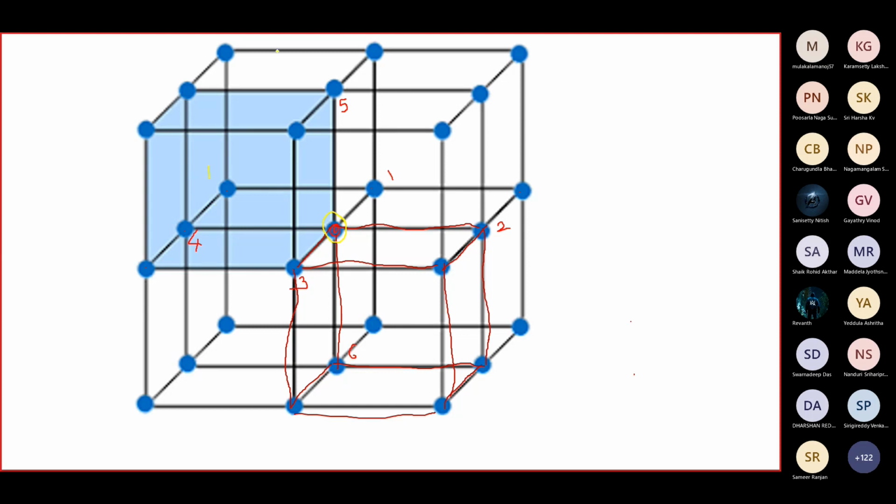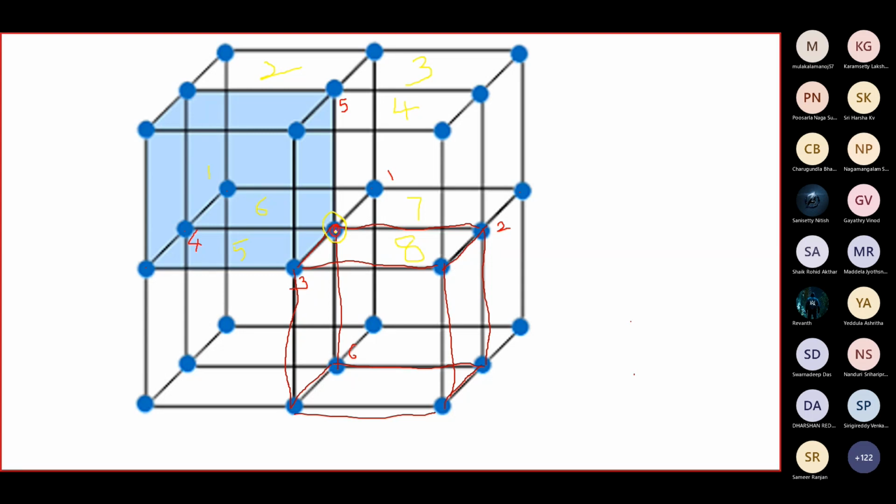Unit cell 1, unit cell 2, unit cell 3, unit cell 4, unit cell 5, unit cell 6, unit cell 7, unit cell 8. There are 8 unit cells.